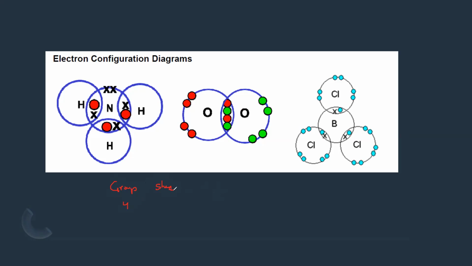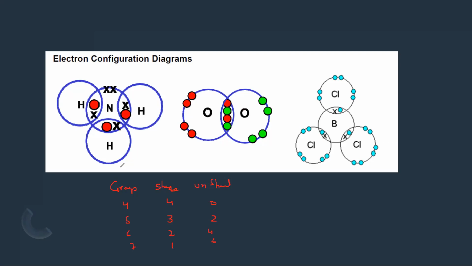It will try to complete the octet, so it will share 4, and unshared will be 0. If it is group 5, to complete the octet it will share 3, so out of 5 it shares 3, and unshared will be 2. If it is group 6, it will share 2 and unshared will be 4. If it is group 7, it will share 1 and unshared will be 6. Group 8 does not form a bond.